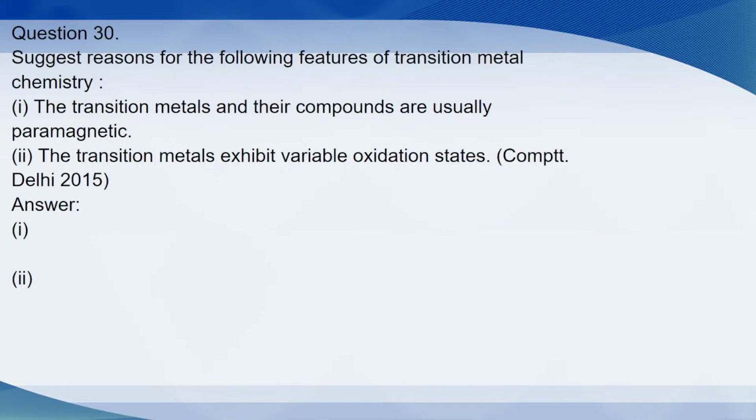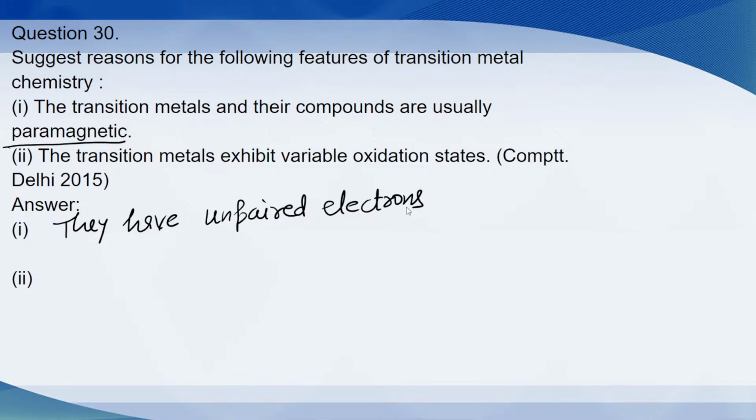Suggest reasons for the following features of transition metal chemistry. First, transition metals and their compounds are usually paramagnetic. Why are they paramagnetic? Because they have unpaired electrons.